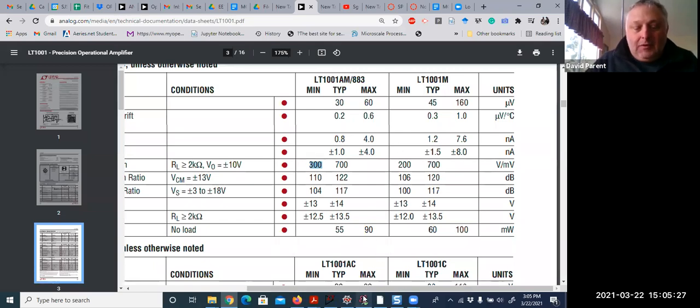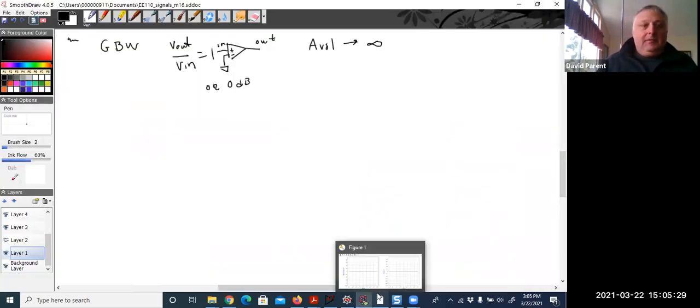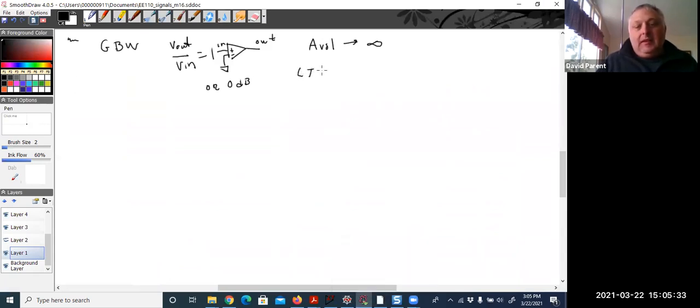So that's the LT101, and the gain bandwidth equaled 300 kilohertz, right?